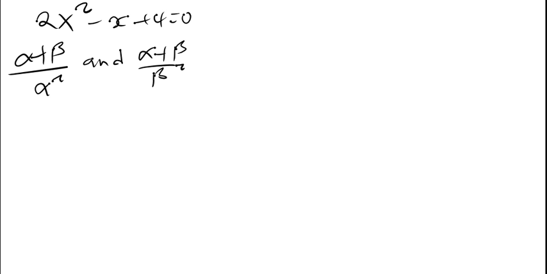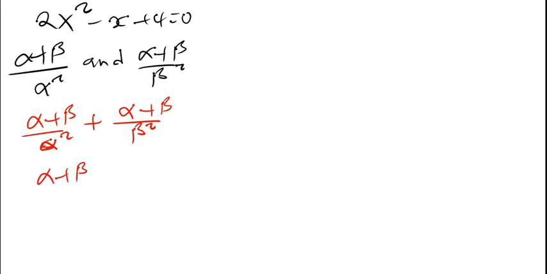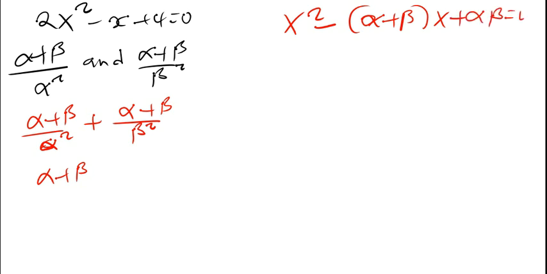So when you have got them, they want you to add them first, and then multiply them. Because we're talking about sum and product, the equation is given by x squared minus (alpha plus beta) times x plus alpha times beta is equal to 0. This is the sum and this is the product.